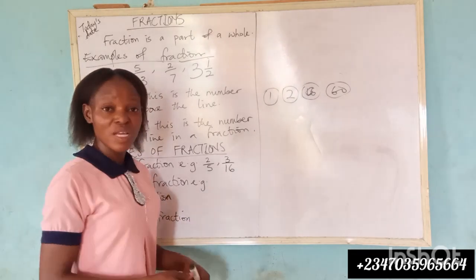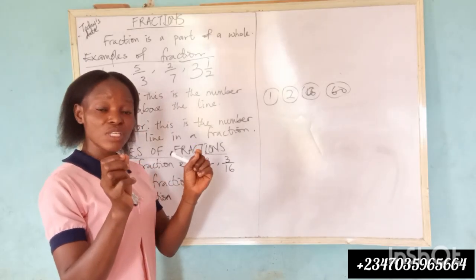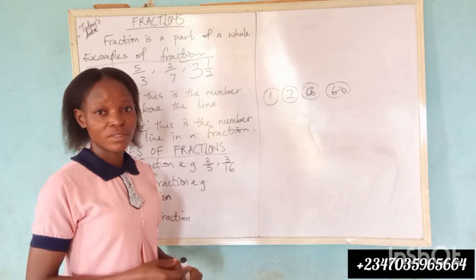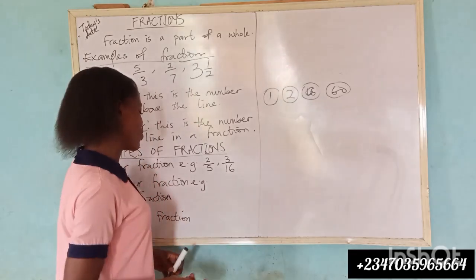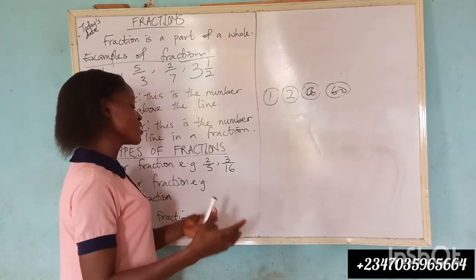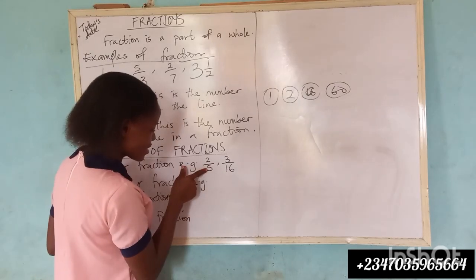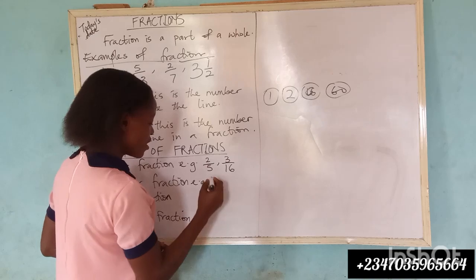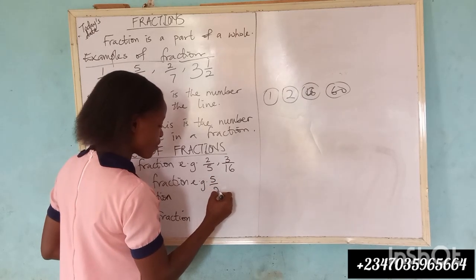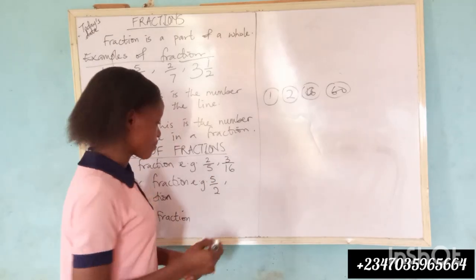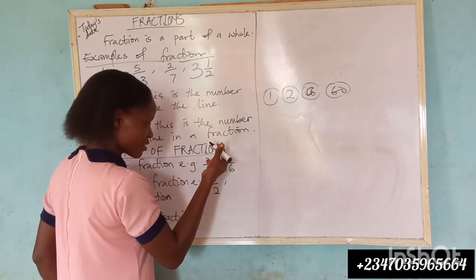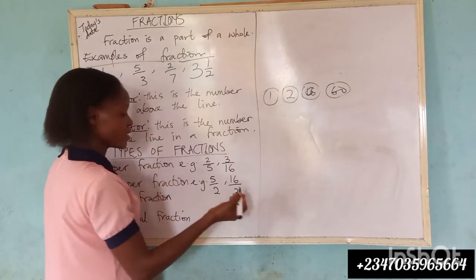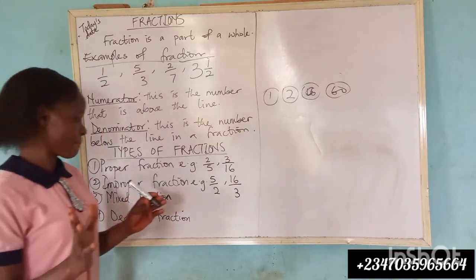It is improper when they say a bicycle should carry the lorry. What will happen? We know. So in this case, 5 carrying 2 is proper. When 2 is carrying 5, it is improper. Where 16 is carrying 3, it is proper. But where 3 is carrying 16, it is improper.